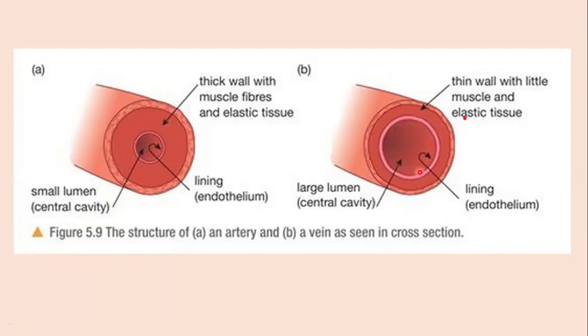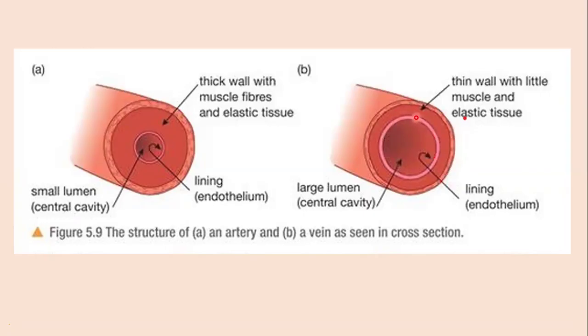But here, this is a vein. Inside a vein, there is not the high pressure that there is in an artery, because the pressure is very low, so they don't need to withstand it. So they have a considerably thinner wall than an artery, and they have fewer muscles and elastic tissues.